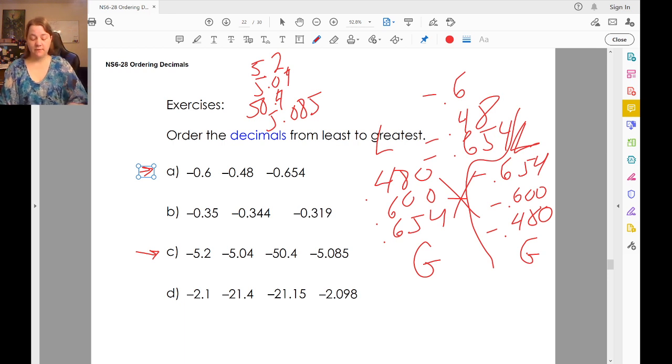So if I start off positive, the biggest one would be this one. The second biggest one would be 5.2. The third biggest one, 5.085, would be right here, and the fourth biggest would be here. So if I want to go from least to greatest and they're negative, I'm just going to flip-flop the order.